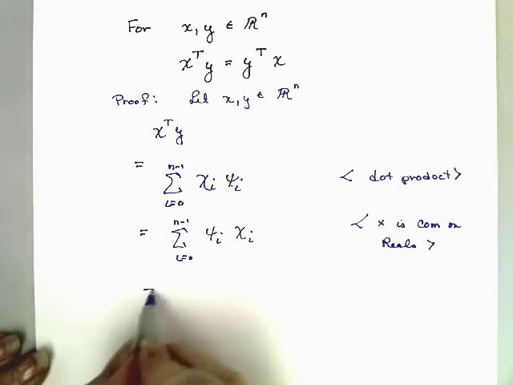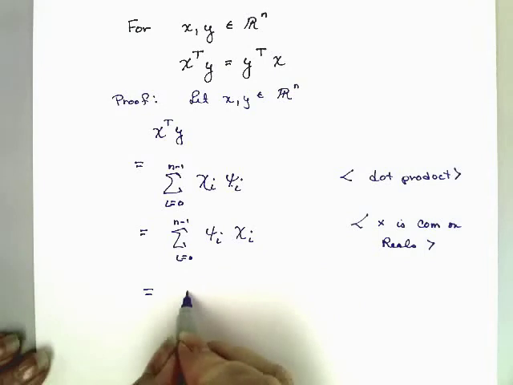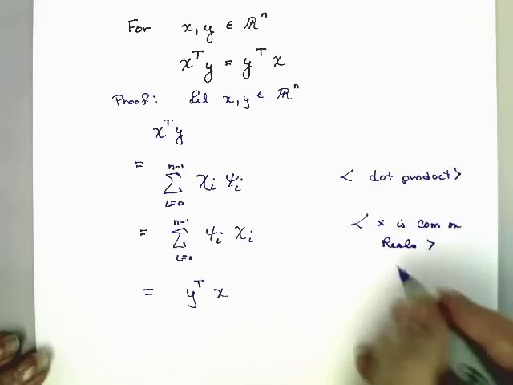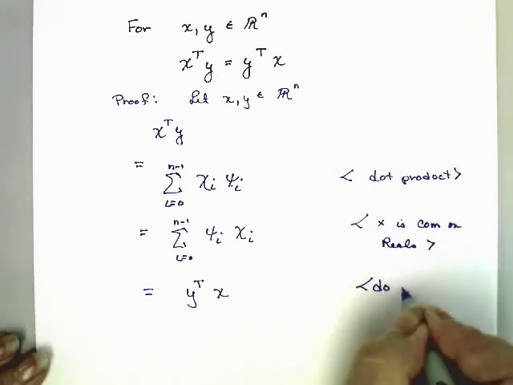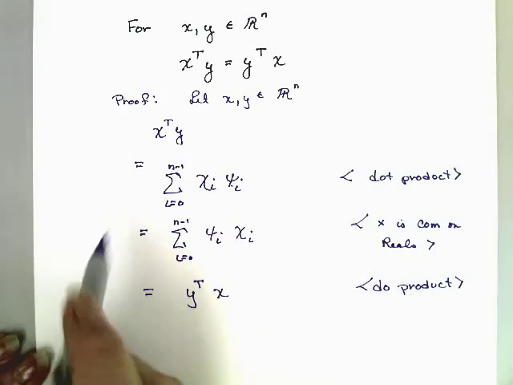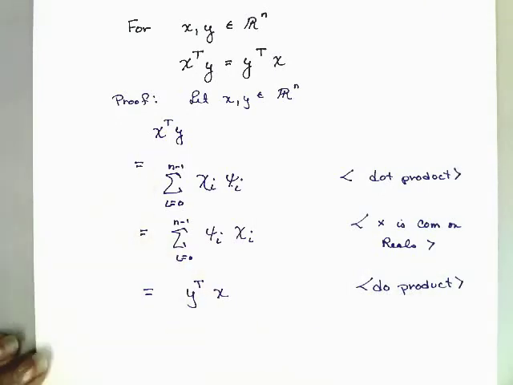But this, by definition, is just the dot product of y with x. So clearly, the dot product is commutative.